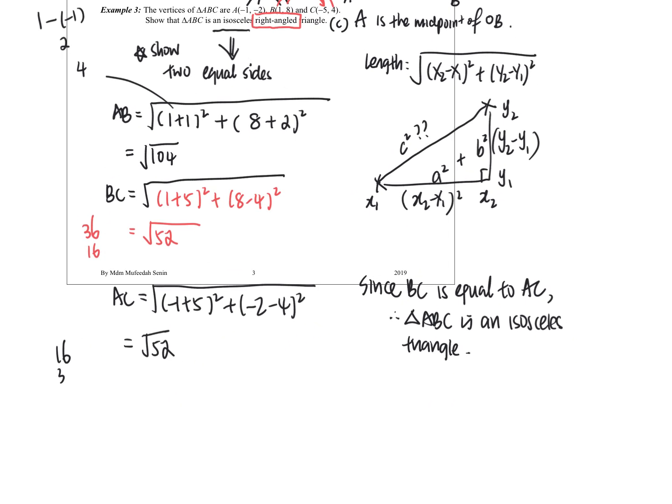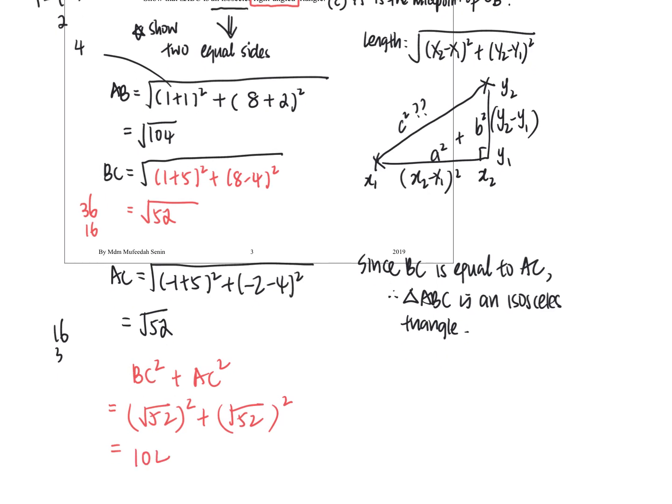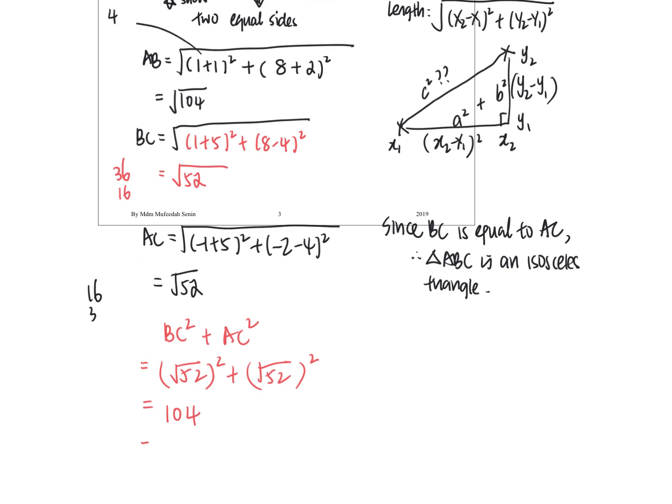Do you all remember converse of Pythagoras theorem? So we can do BC square plus AC square. So this is 52 square plus another 52 square. And then you prove that it is actually 104. Which happens to be AB square.